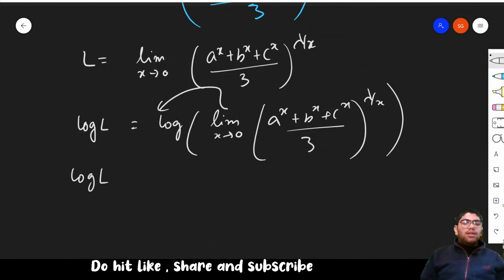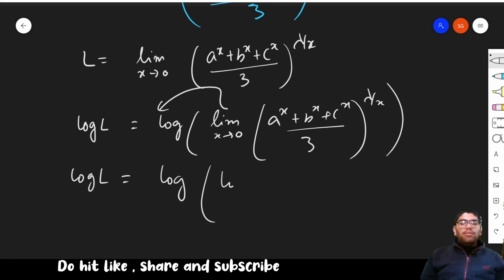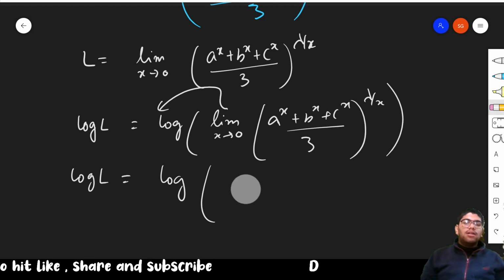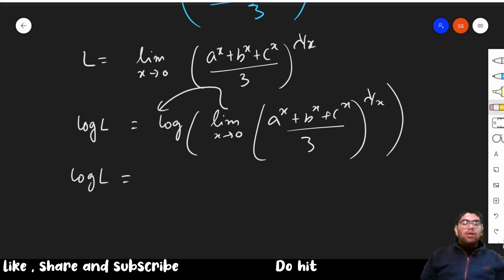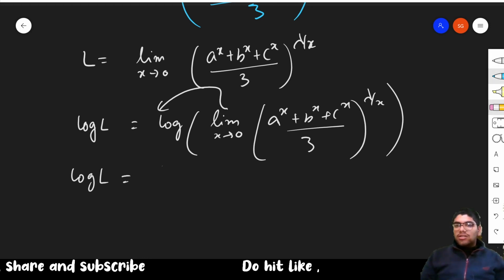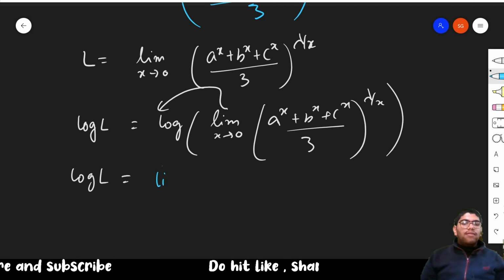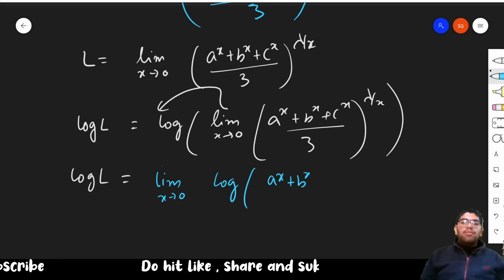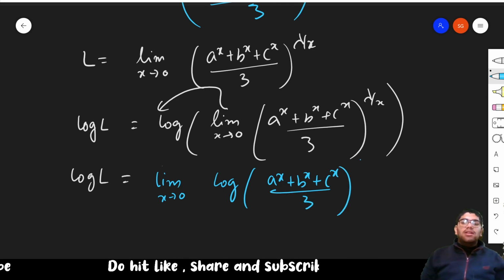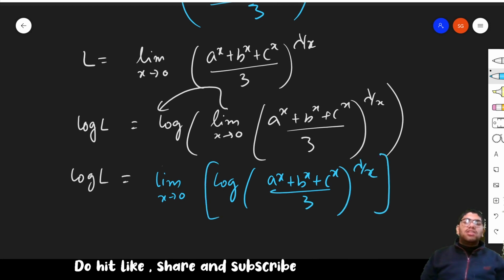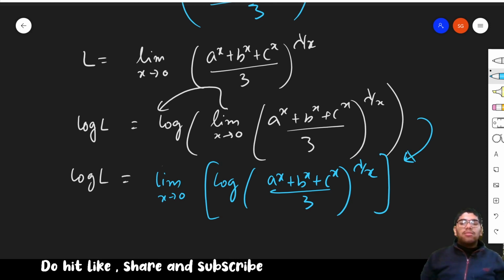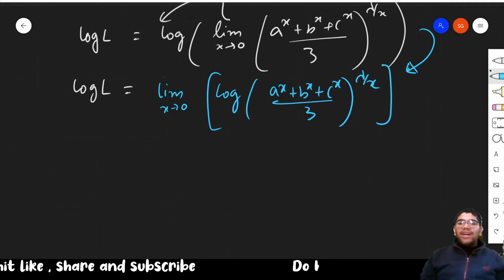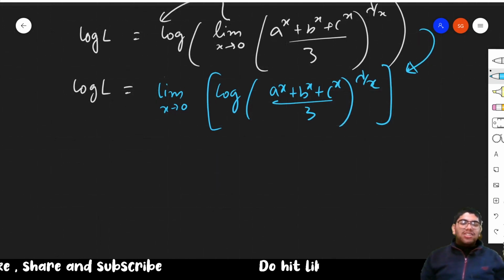So log L is equal to limit x tending to 0, the limit goes outside, and I can put log inside: limit x tending to 0 of log of (a power x plus b power x plus c power x by 3) to the power lambda by x. This is nothing but properties which are applicable for continuous functions. You'll study that when you come to college, especially if you come to IIT, you will study it quite well.